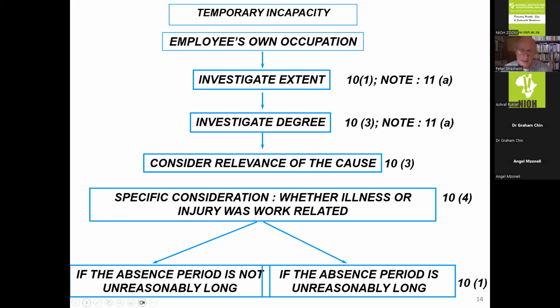So the specific consideration is whether the illness or injury was work-related, particularly in COVID-19, for the reasons I've given. Now there's the bifurcated split between whether the absence period is or is not unreasonably long, and we go to the next slide for that.